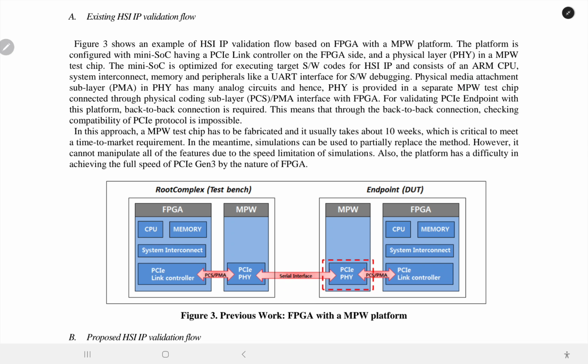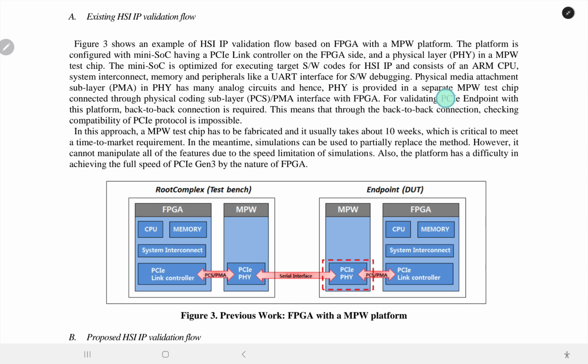The physical media attachment sublayer PMA and PHY has many analog circuits, and hence the PHY is provided in a separate MPW test chip connected through a physical coding sublayer PCS and PMA interface with the FPGA.